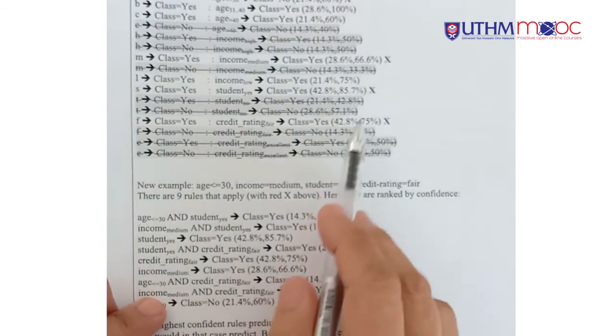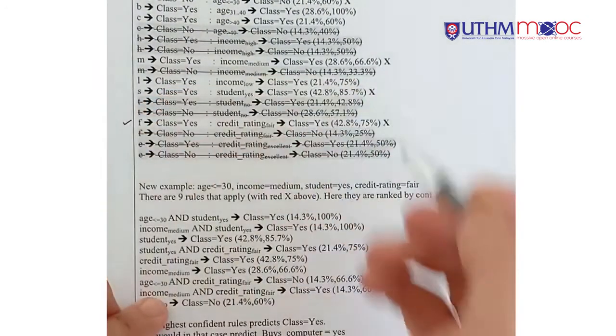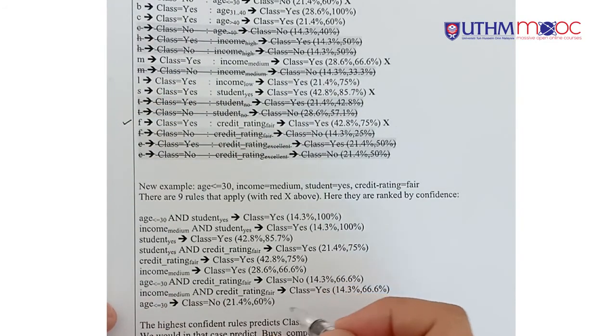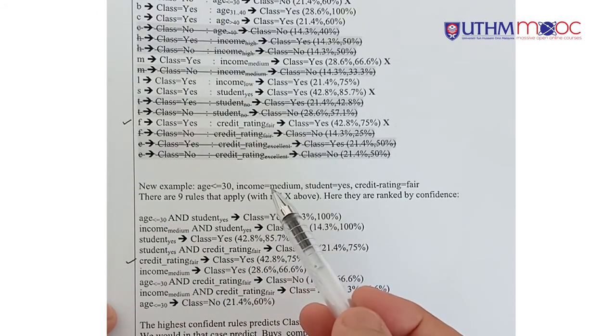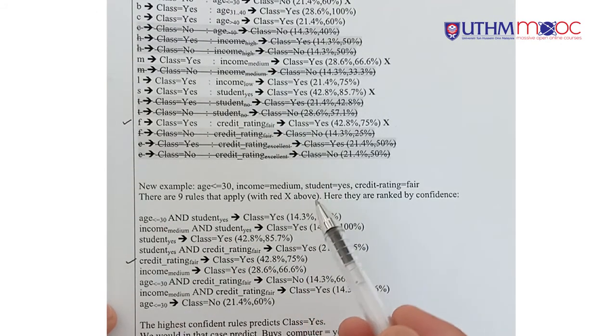This one, 42, corresponds to this. So we extract all the rules that are related to the question, or to the test set that is given. Then we want to find the one with the highest confidence.